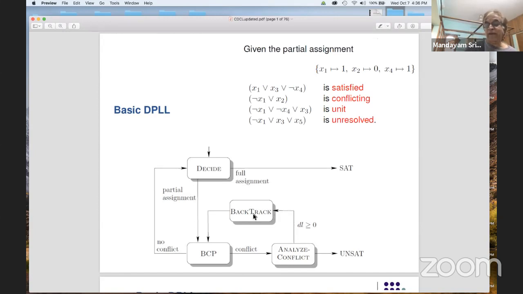That's when you backtrack. The backtracking in the recursion is that you flip the latest decision you have made in the recursion stack, until you have explored all possibilities. You end up backtracking all the way to the root. Then you can say it is unsat.